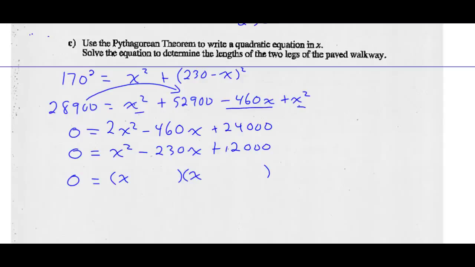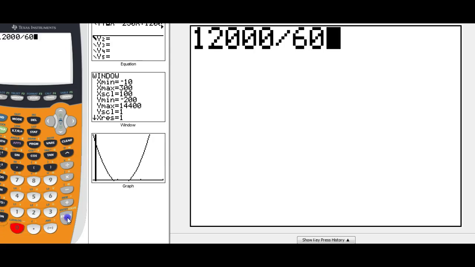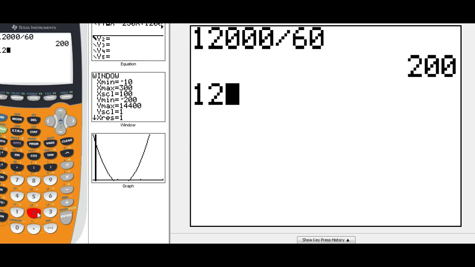So to find the factors of this, two numbers that add to negative 230 multiplied at 12,000, we're looking for some factors of 12,000 that are pretty large. So, I mean, if we go to our calculators, take 12,000 divided by, say, 60. 60 and 200 get close to 230, but that gives you 260 or 140. So what about 12,000 divided by 70?